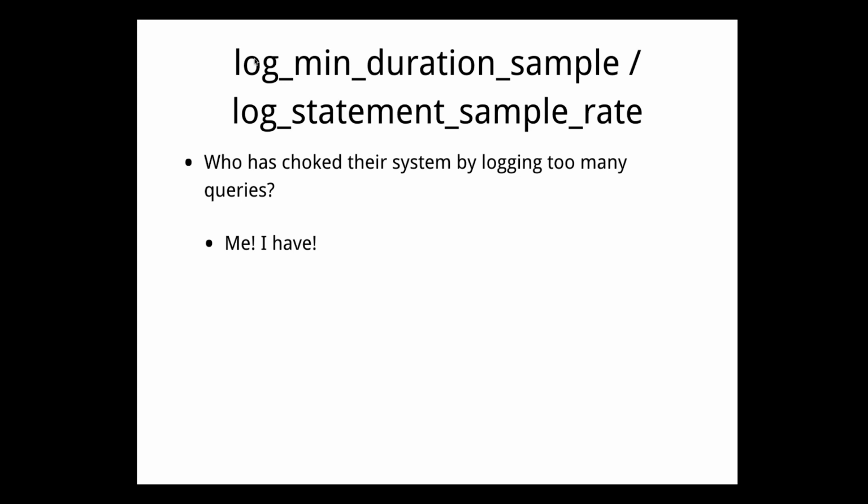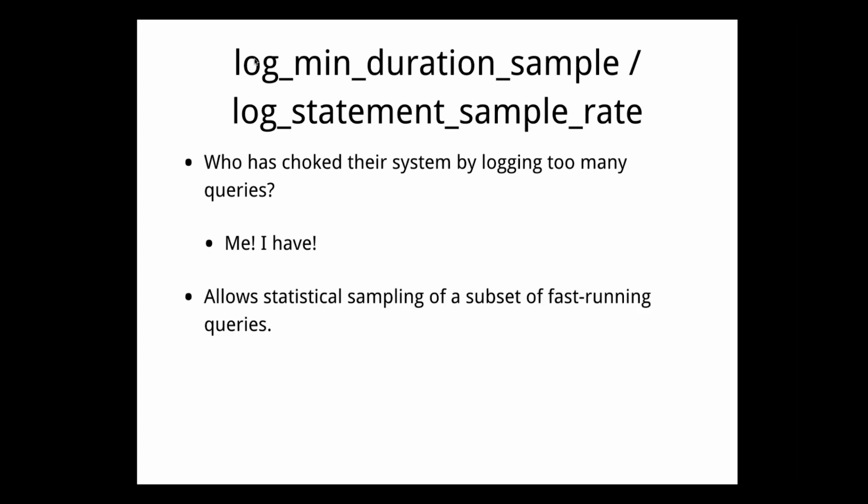This can be a problem if you have lots and lots of very small queries, because that can be a big performance hit, but it's hard to capture. pg_stat_statements helps, but pg_stat_statements tries to normalize the queries into a single type, and so you may not see the parameters, and that can make diagnosing these things kind of hard. So now we can statistically sample a subset of queries.